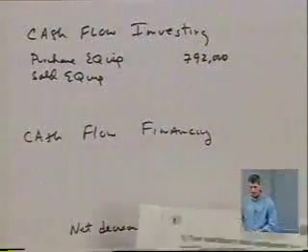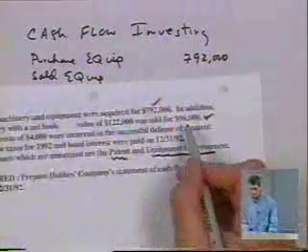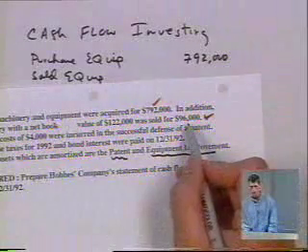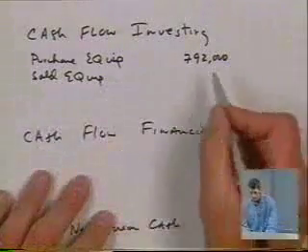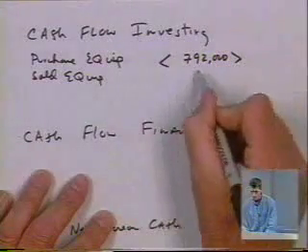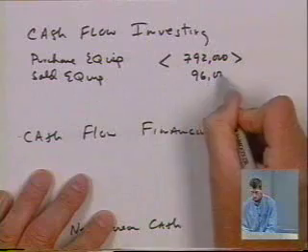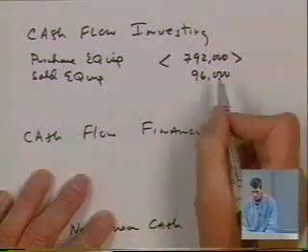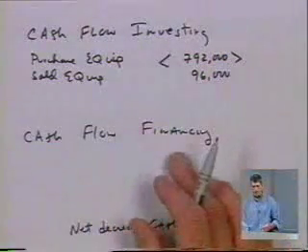And how much cash came in when it was sold? $96,000. The purchase of equipment was a cash outflow. The sale, $96,000, is the cash inflow.